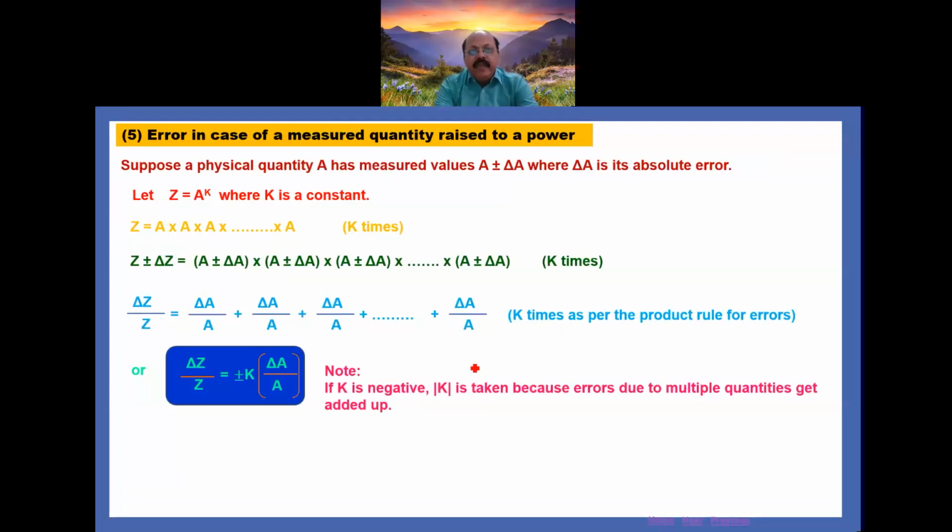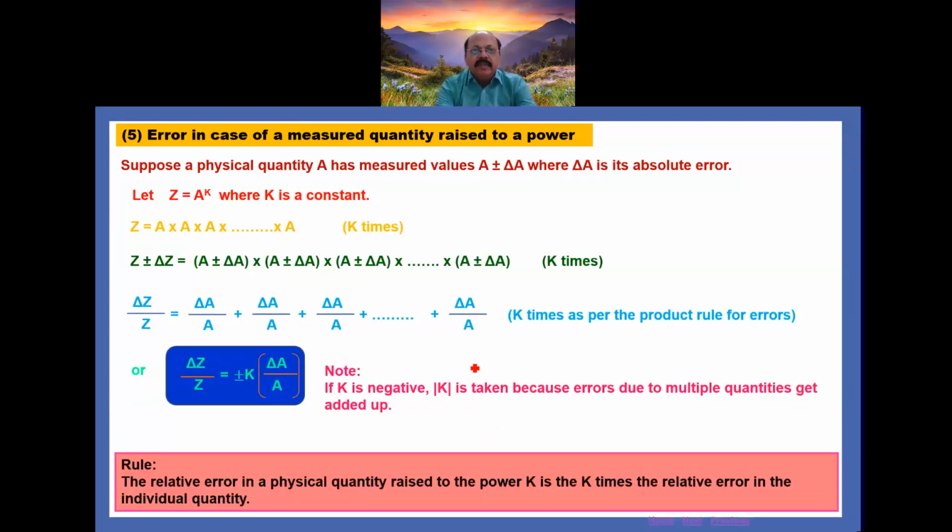If K is negative, then the mod of K is taken, because errors due to multiple quantities get added up. Always remember it. So the rule is that the relative error in a physical quantity raised to the power K is K times the relative error of the individual quantity.